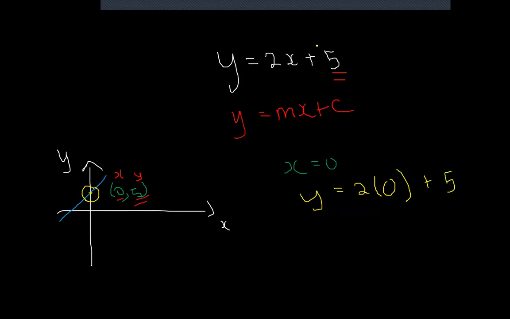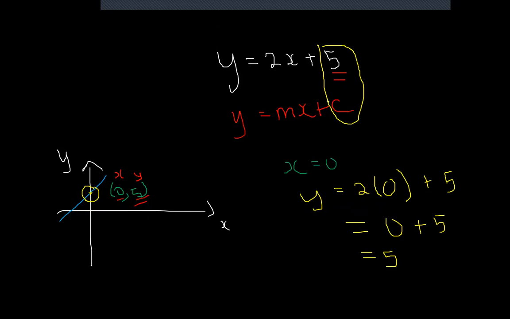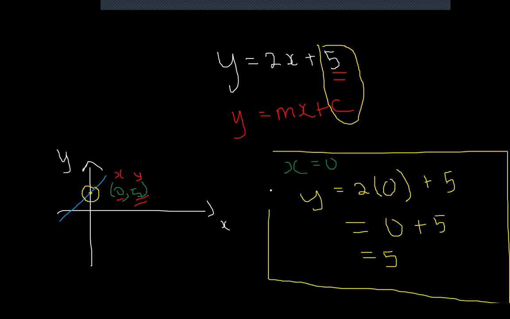But why I said that c is always the y-intercept is because of this. We know any number times 0 is 0, and you have plus 5, and 0 plus 5 is 5. And that's why the rule is that wherever the line cuts the y-axis, the value of c is the y-intercept. And this here explains why.